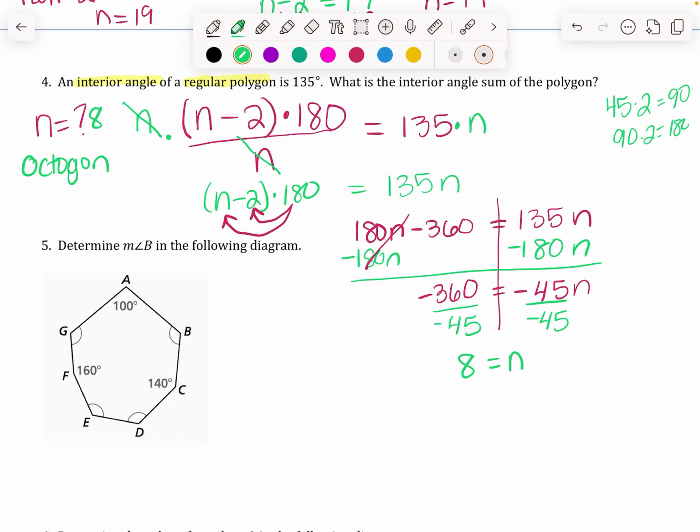And in an octagon, it wants to know what the interior angle sum of that polygon was. So now we need to go back and just do this first step. In an octagon, it has 8 sides.